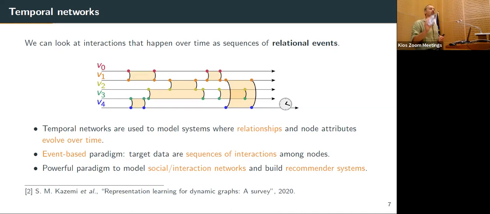If I'm proposing you to buy this item, will you be interested in that? So the focus is on the interaction. And a good reference for this type of problem, you see here, you have the different nodes and the focus is on the interaction, which might change with time. And that is the focus.